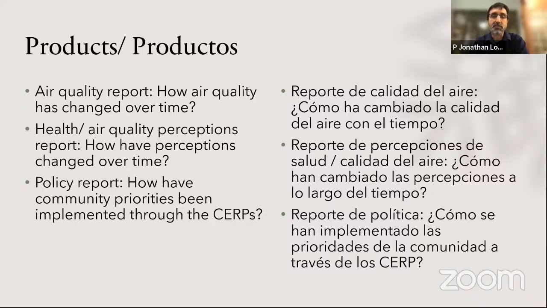We'll have a report on health and air quality perceptions based on a resident survey. And again, we'll talk a little bit more about that survey. And then we'll have a policy report, which is looking at the SERP and how the implementation has gone, in particular, how the community priorities have been represented in that implementation.